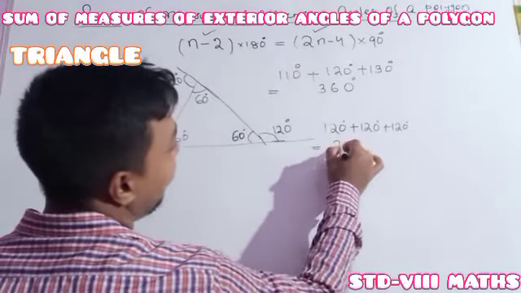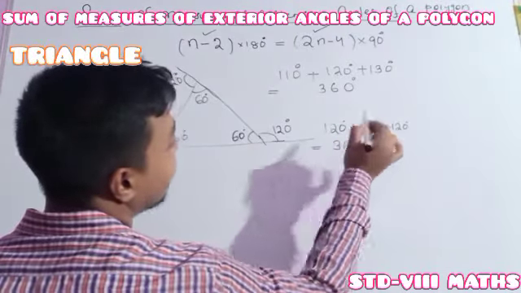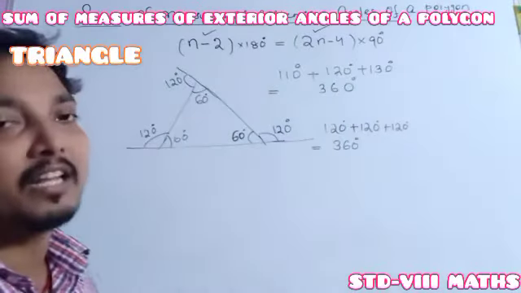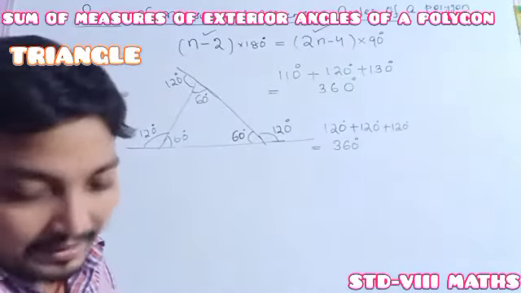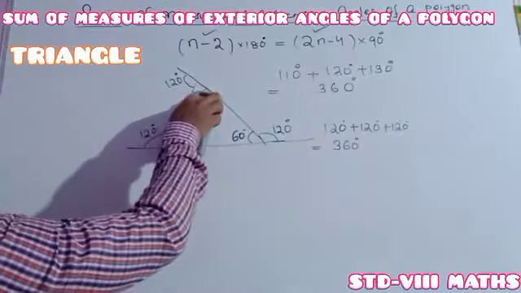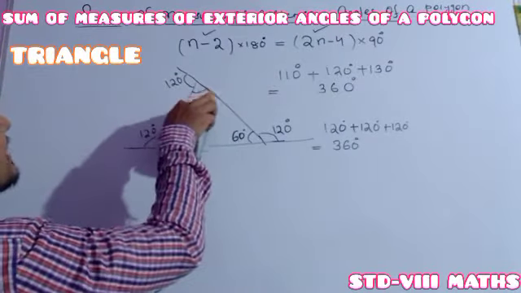With this example also we get that the sum of the exterior angles of this triangle is 360 degrees.